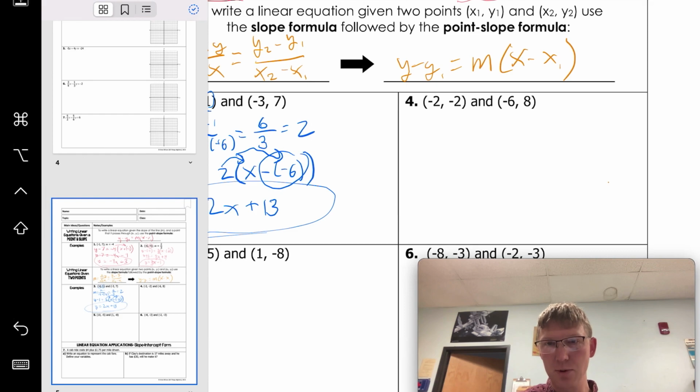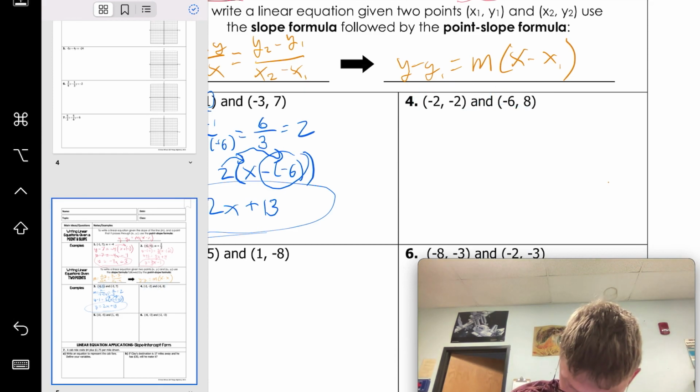Okay, one more example, and I'll let you do the other 2 yourself. We've got our 2 points, so let's make it happen. So our slope, we'll do this one minus that one.